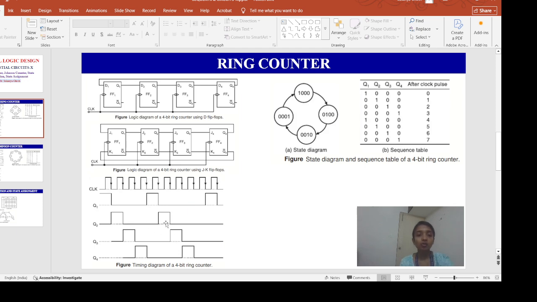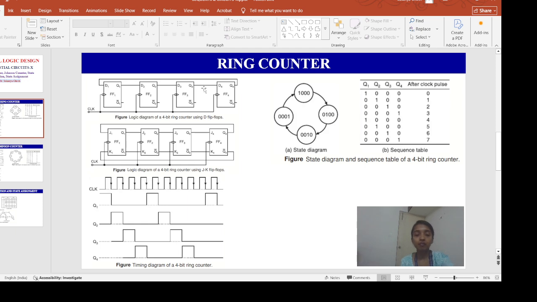Now all these flip-flops, you can use any flip-flop, D flip-flop or JK flip-flop. All these flip-flops are arranged in a normal shift register. That means you can see the Q output of each stage is connected, if you consider the D flip-flop, to the D input of the next stage.